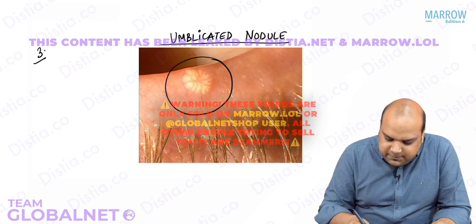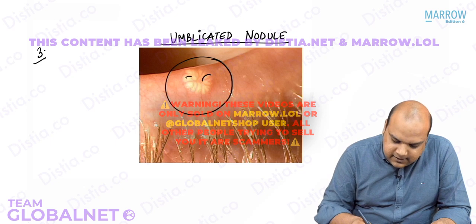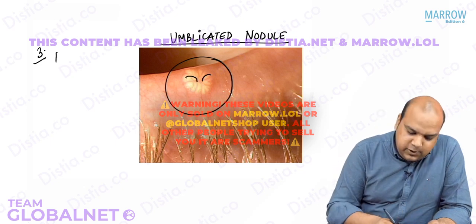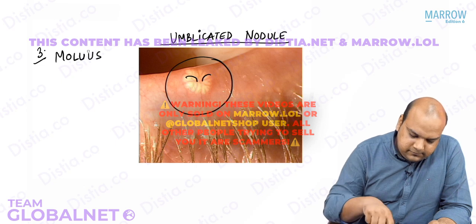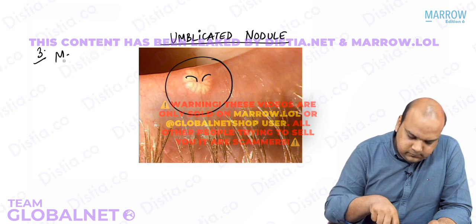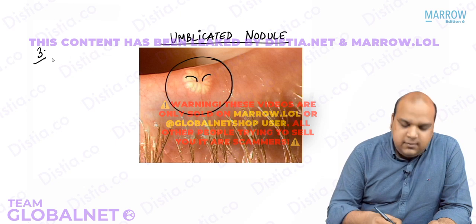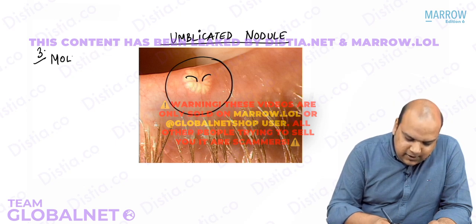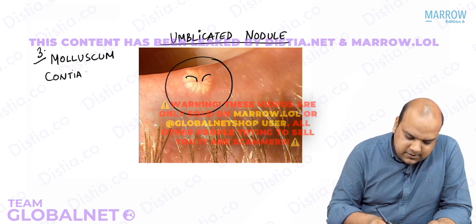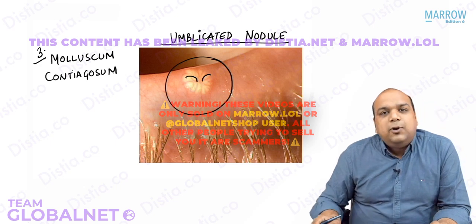A nodule with a dip in the center. Umbilicated nodule is reminiscent of molluscum contagiosum. Yes, everybody. So this is a mollusk lesion.